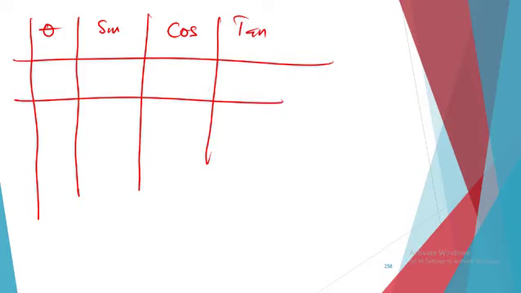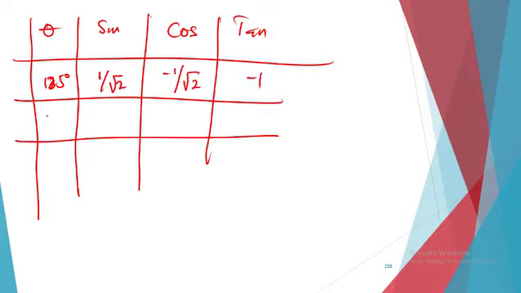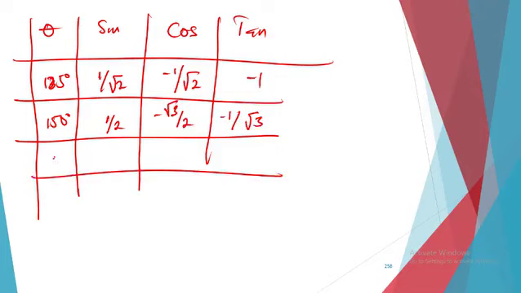And we're in 120, so we'll have 135. Here we'll have 1 over root 2, minus 1 over root 2, minus 1. Then we'll have 150, and here we'll have 1 over 2, minus root 3 over 2, minus 1 over root 3, and for 180 we'll have 0, minus 1, and then we'll have 0.